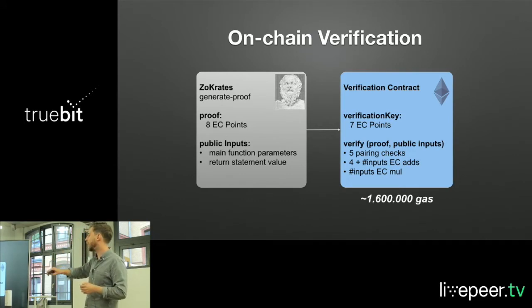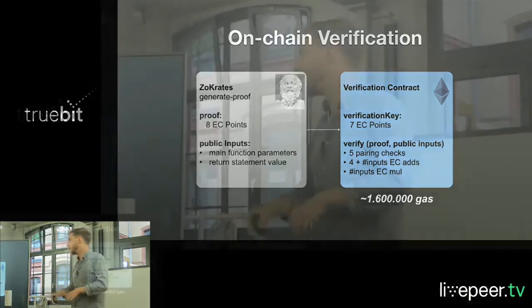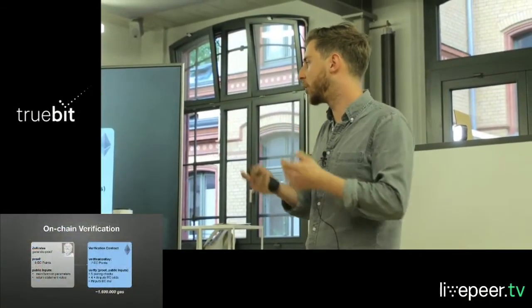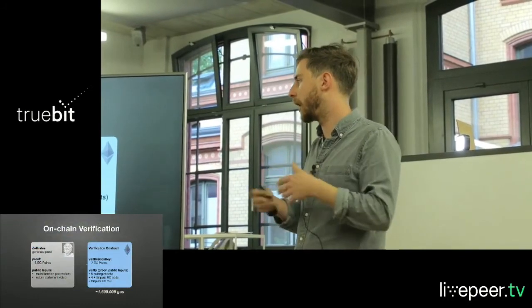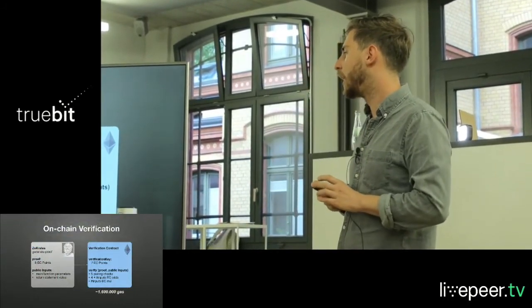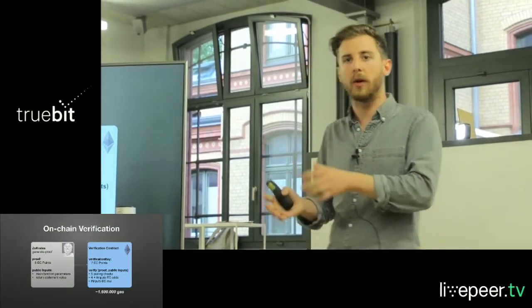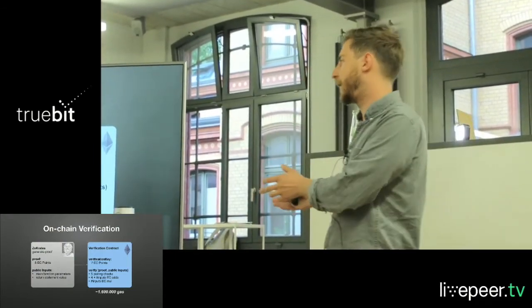And what you provide is the parameters of the main function that you had in your initial program. That's the public inputs to your off-chain computation, and the return statement value. That's the output of your witness generation. That, together with the proof, you publish to the verification contract.